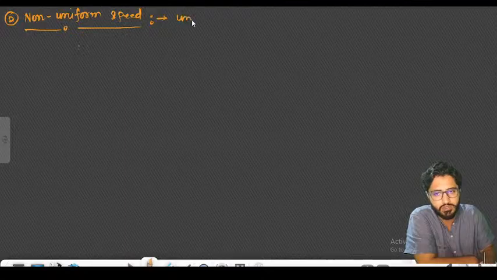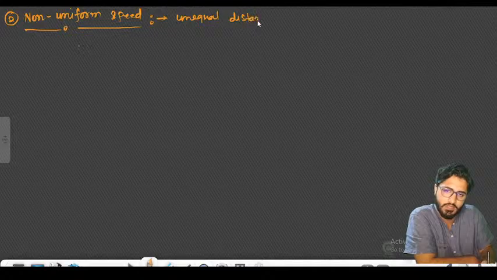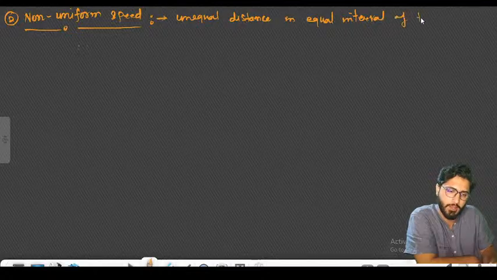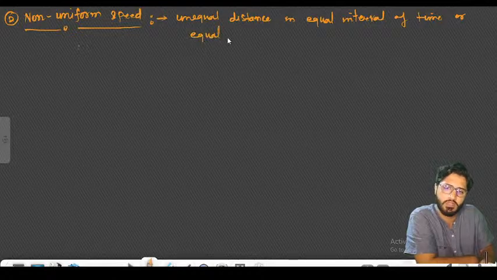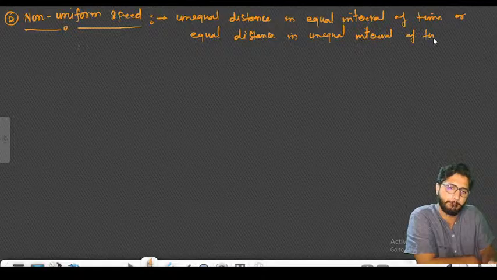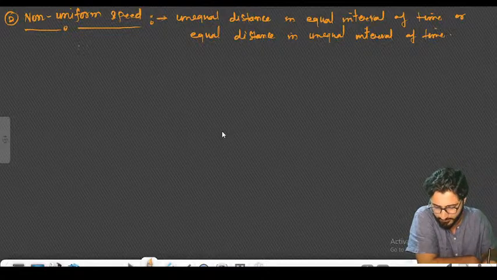Non-uniform means unequal distance in equal interval of time, or equal distance in unequal interval of time. Done? Okay.